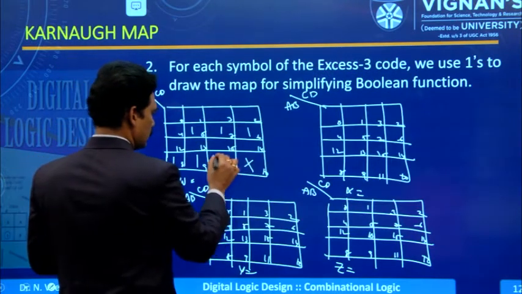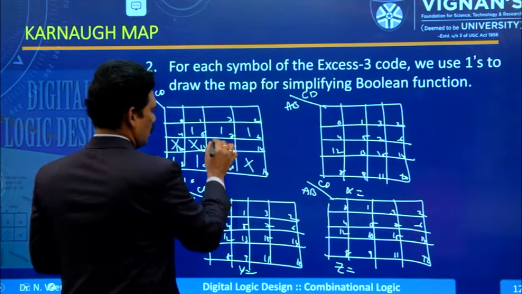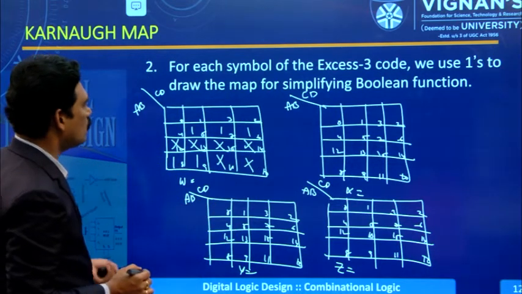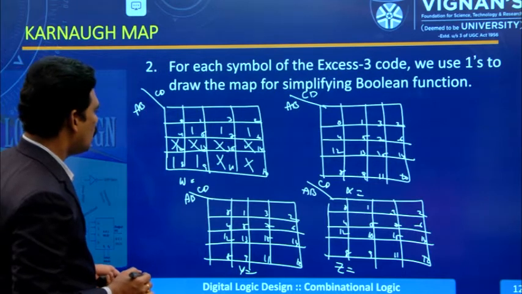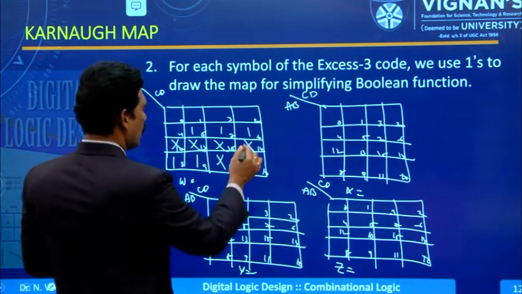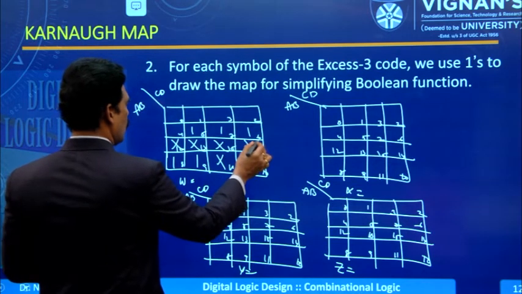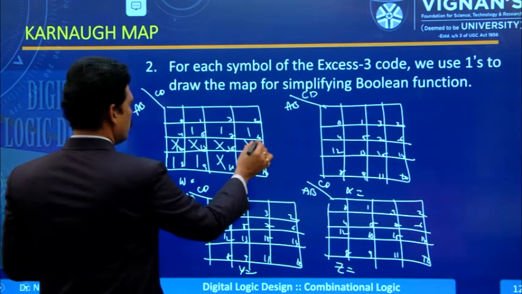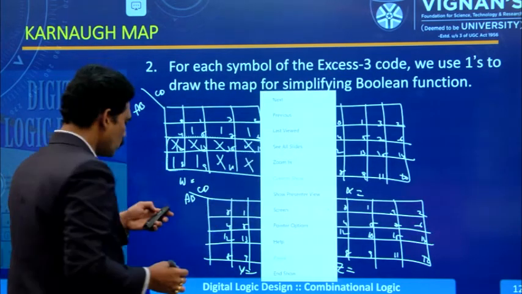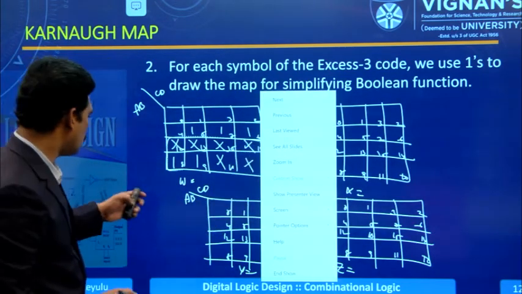So, these are all X. How to draw this one? The combinations are like this: 5, 6, 7, 8. This is the W combination, and the truth table for this gives these combinations.